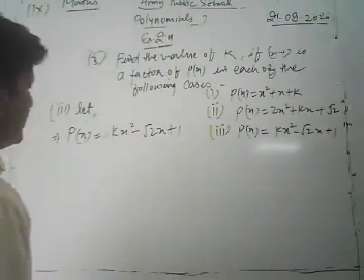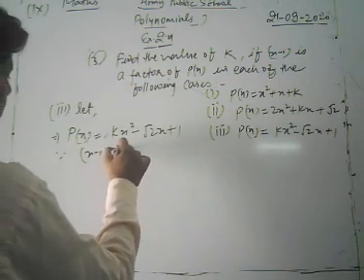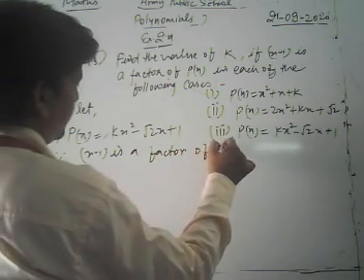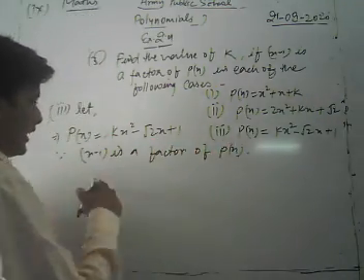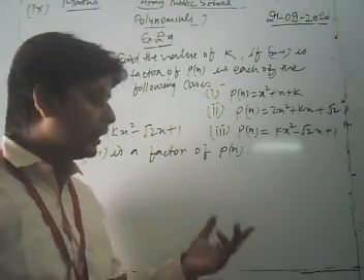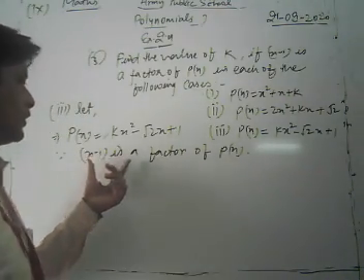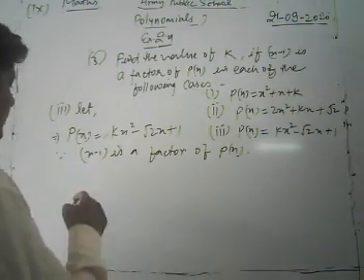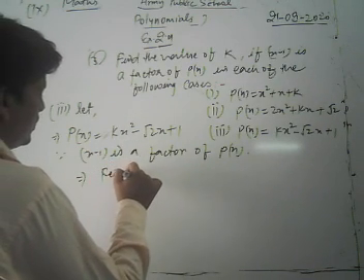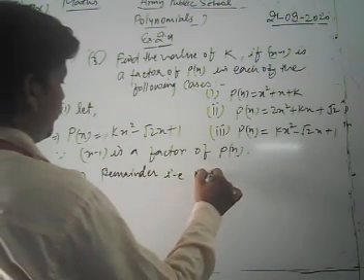Now since x minus 1 is a factor of p(x), by the help of the factor theorem, we know that if x minus 1 is a factor of the given polynomial, then its remainder, that is p of 1, must be equal to 0.